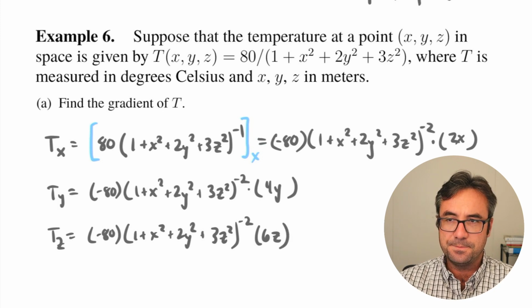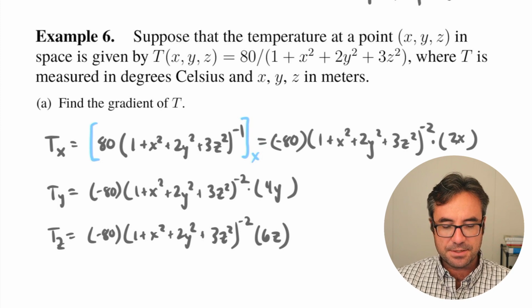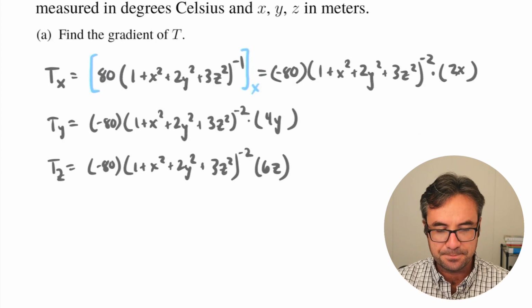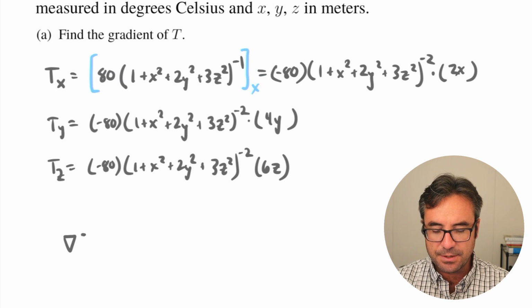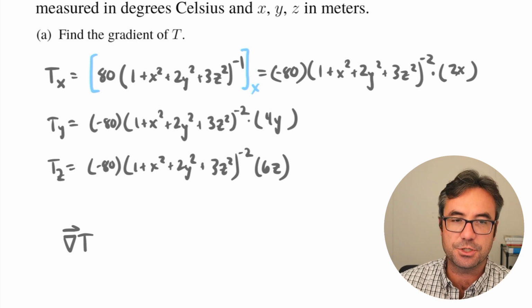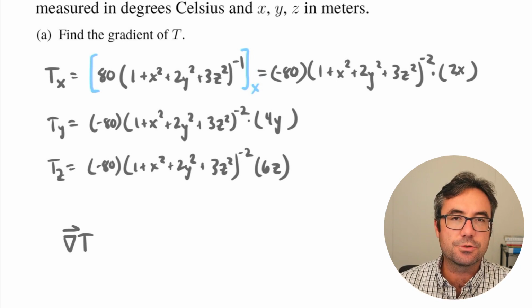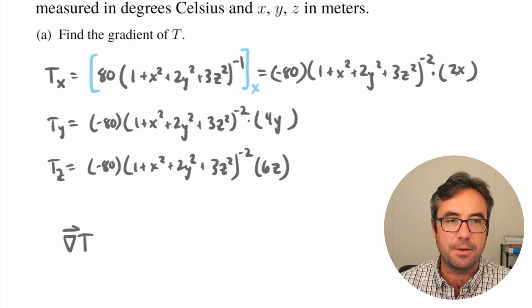All right, so if we look at this, let's simplify this gradient. There are certain things that we can actually factor out. So we're doing the gradient of the T function here. And if we look, there are certain pieces of these partial derivatives that show up in all three of them.